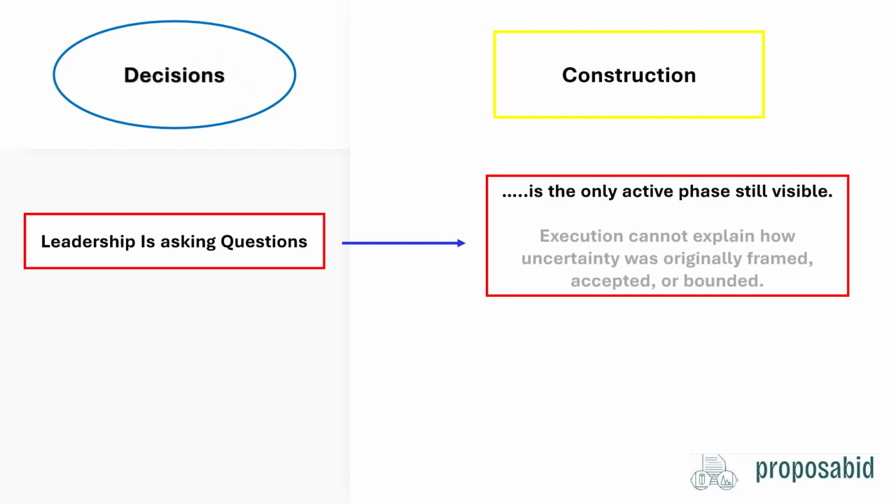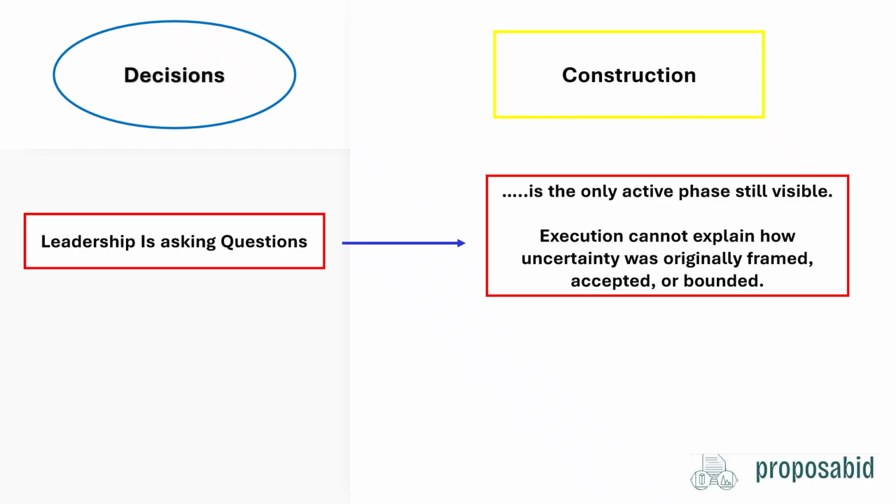That is through scope language, assumptions, and comparisons that are no longer fully reconstructible. So that means that the execution can display the variances. However, it cannot explain how uncertainty was originally framed, accepted, or bounded.